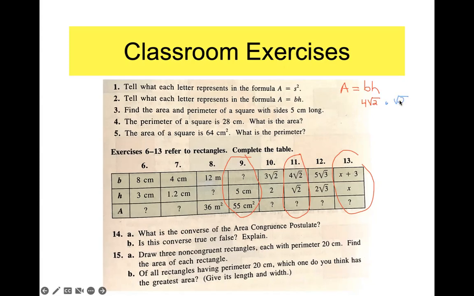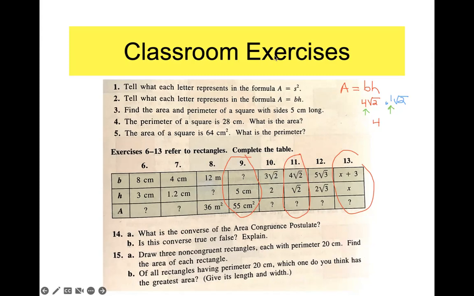We haven't done multiplication with square roots in a while, so let's see. The rule is the outside number with the outside number, multiplication. So I need to multiply 4 times the outside number here, which is not listed, but if it was listed, that outside number would be 1. So 4 times 1 is 4.